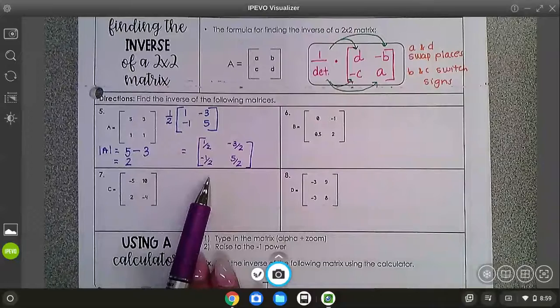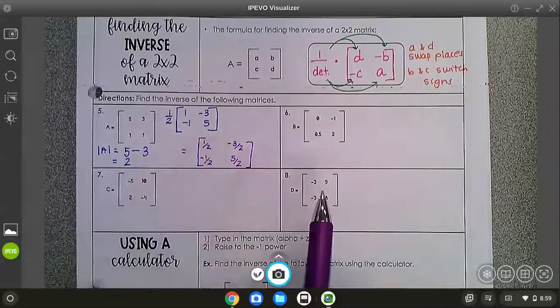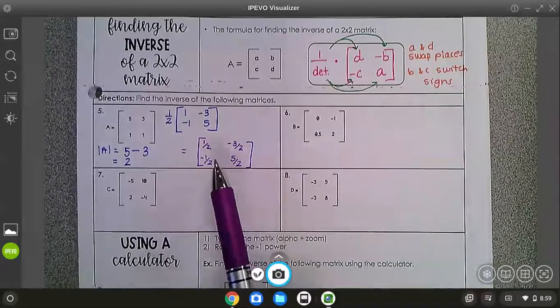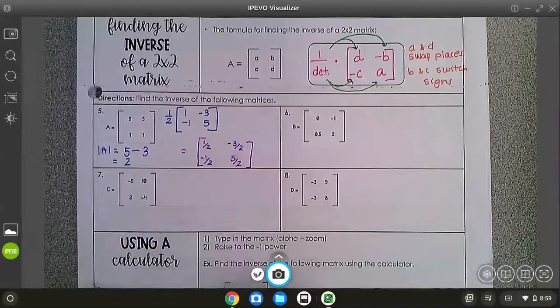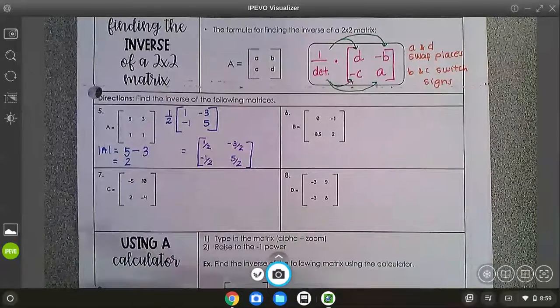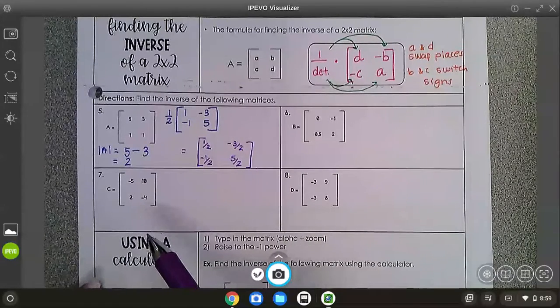But those are all good. If it's a decimal, like this would be 2.5, that's okay to write it as 2.5. If it's a repeating decimal, leave it as a fraction. It's better to leave it as a fraction anyway.